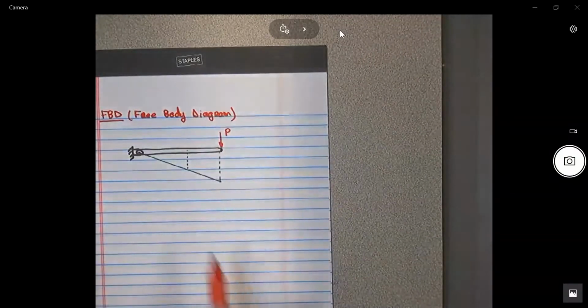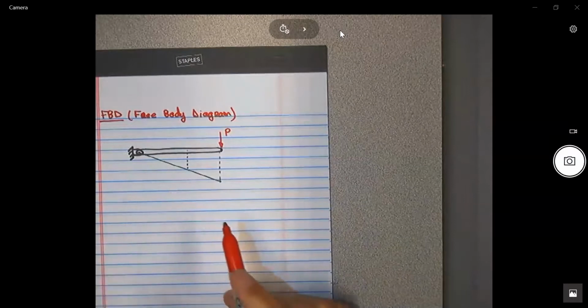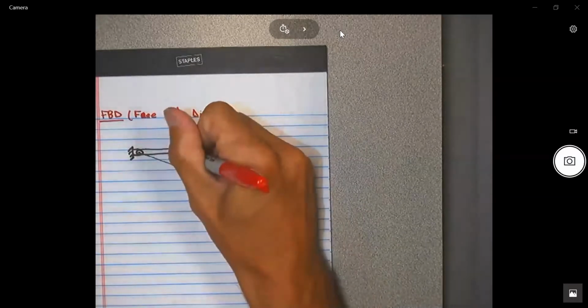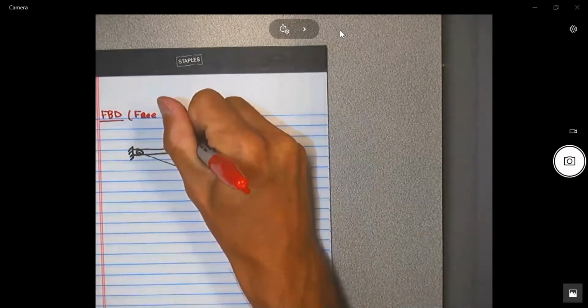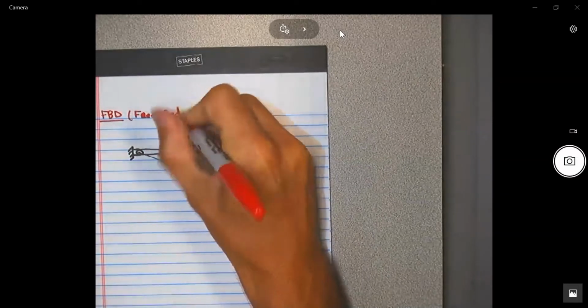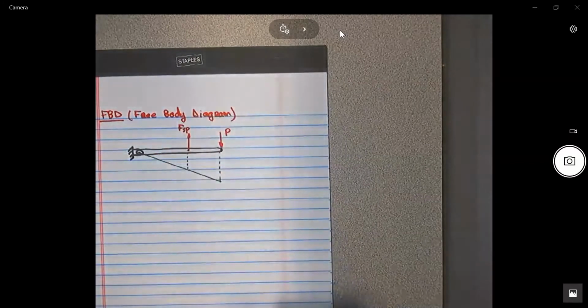Okay, we had a spring over here, no? So what would the spring be doing if we deform it down? It would be creating a force pushing up. So we'll have here a force now. Maybe I can put it here. A spring will be here.